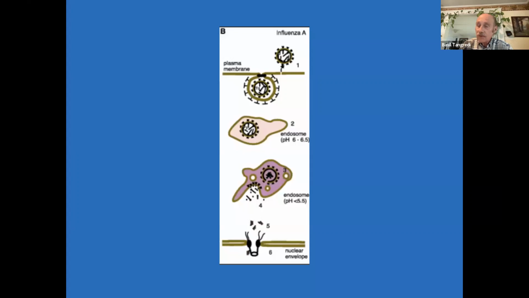And then after this replication takes place, now these 8 segments have to be repackaged into new viruses. But there'll be a random assortment of these 16 segments, so that each viral particle can contain some gene segments from virus 1 and some gene segments from virus 2.